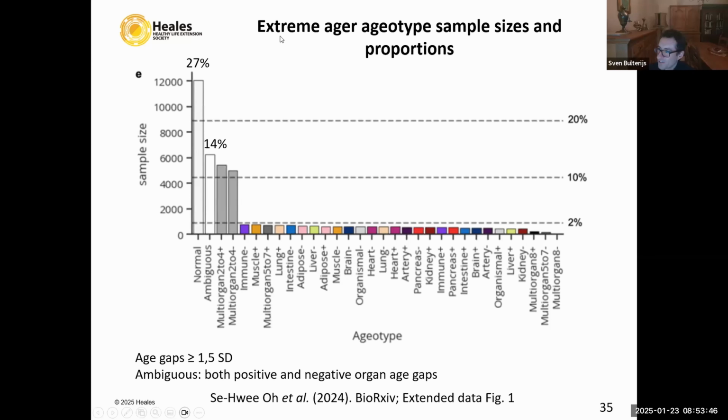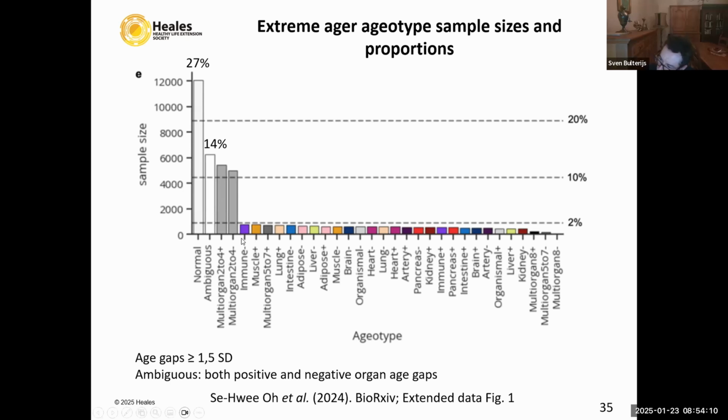And I already got called out for calling it extreme there. So these are mildly increased, let's call it like that. So 27% of the population were normal agers, 14% of the population had both increases in aging in a specific organ and decreases in other organs.